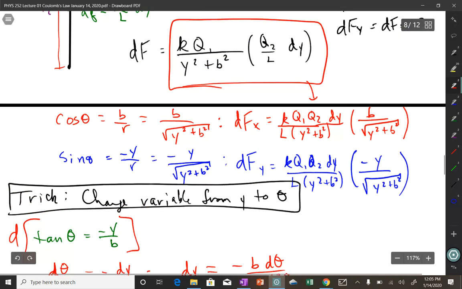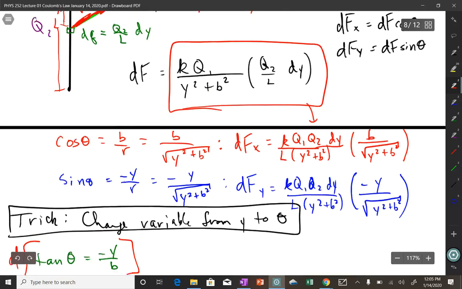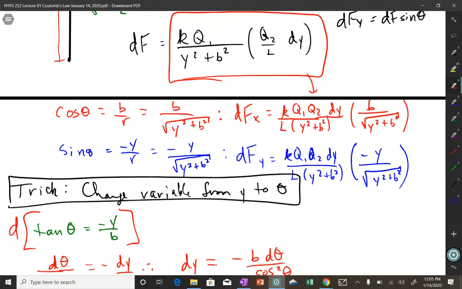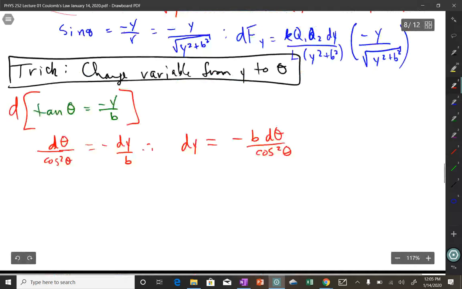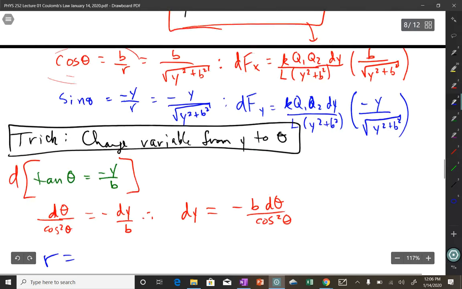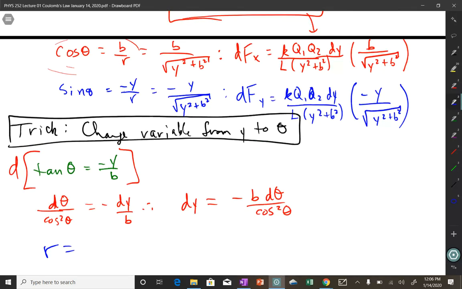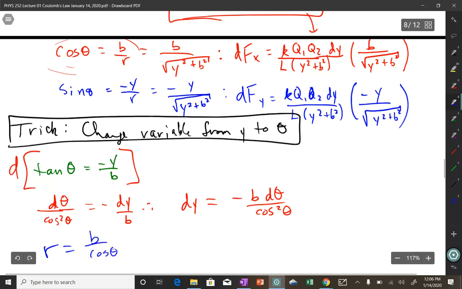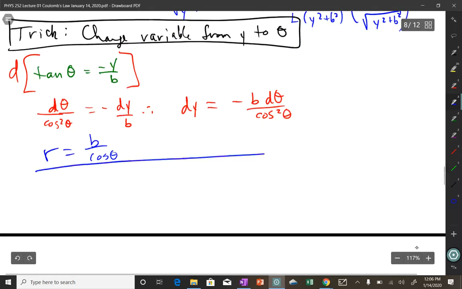We further have that from this equation here, if I solve that for r, I will have r equals, make it so you can see both, I'm just switching the b and the r in the cosine theta's position, so it's b over cosine theta. Yep.